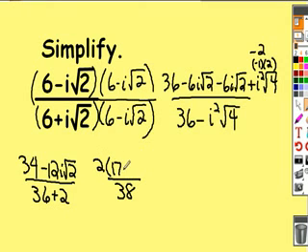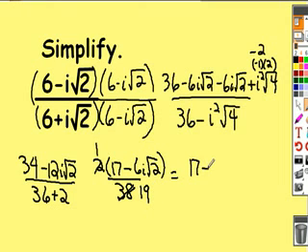This would be a 17, and this would be 6i times the square root of 2. Then you can cancel these 2 and the 38, so your answer is 17 minus 6i times the square root of 2, all over 19.